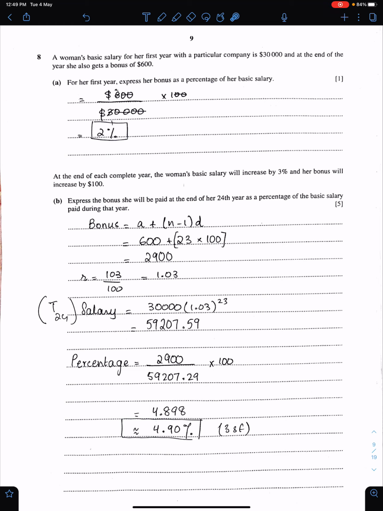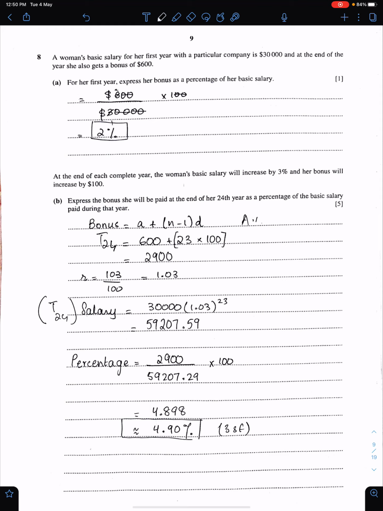And we first need to work out T24. So T24 is this. Salary follows a GP and bonus follows an AP, because a constant amount is increasing. So this part is a GP and this part is an AP. So the bonus, according to the situation, follows an AP.